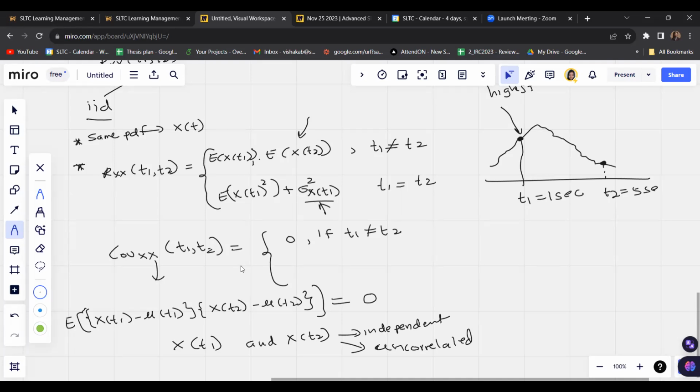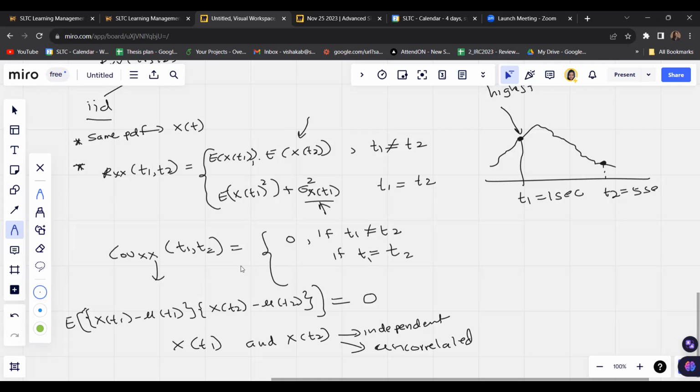We already know the definition of covariance, and the covariance function equals 0 where the variables we consider, xt1 and xt2, are independent. Then if we consider the same time instance, T1 and T2, by equating T1 and T2 we can compute the covariance at the same time instance.